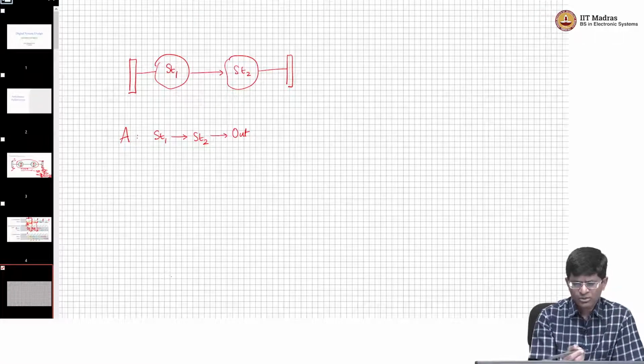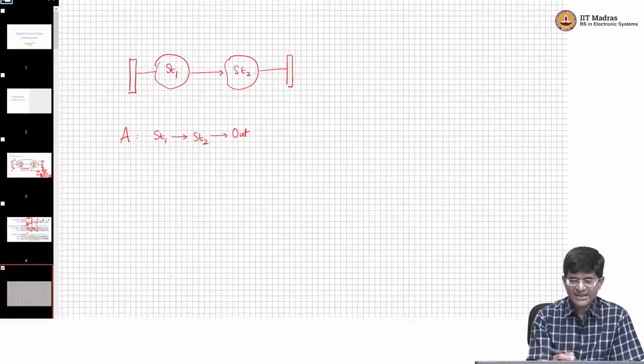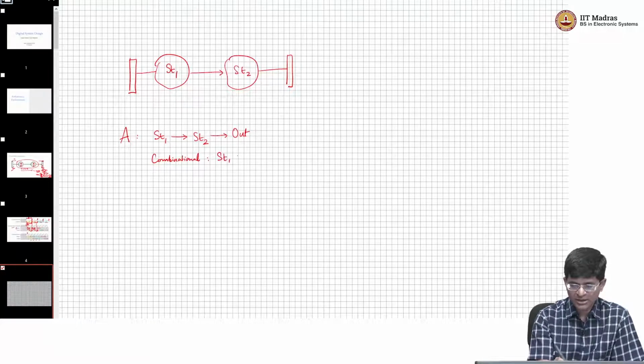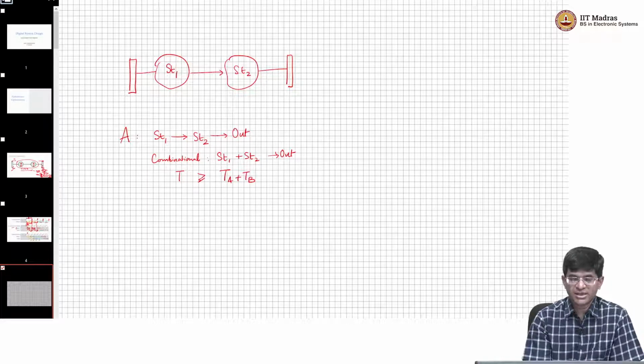In the normal single cycle scenario, it would have just gone through combinationally, through stage 1 plus stage 2 to the output, which is why I end up with TA plus TB as the actual total delay. The T critical is greater than or equal to TA plus TB.